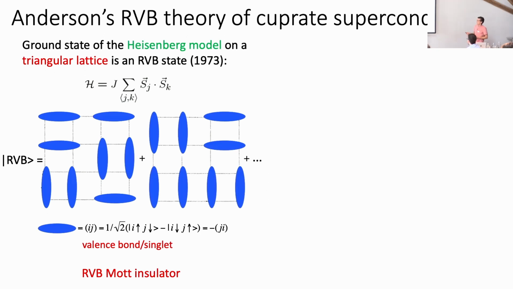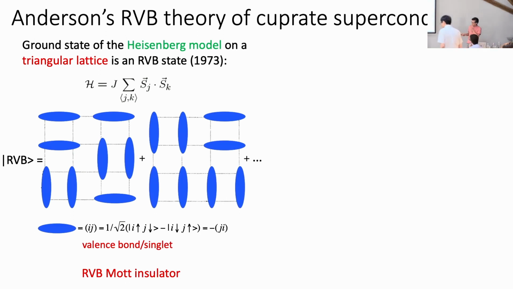As already Takagi has introduced, I think a key idea in strongly correlated superconductivity is Anderson's RVB theory, which started from his first proposal in 1973, that the Heisenberg model on a triangular lattice would be an RVB state.